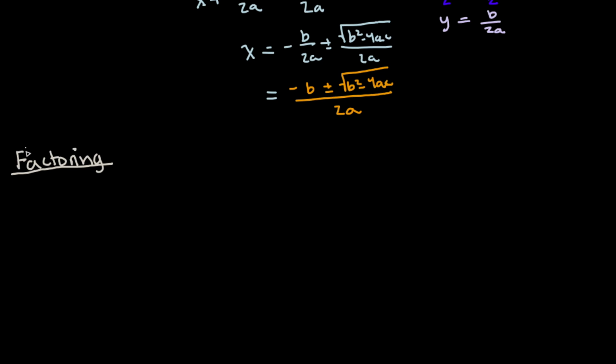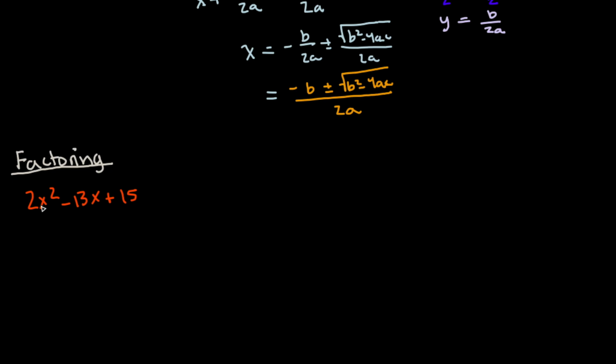and the example that I'd like to use is 2x squared minus 13x plus 15. So the way we factor this, and as you see in the next video, there's a reason why we factor it this way.